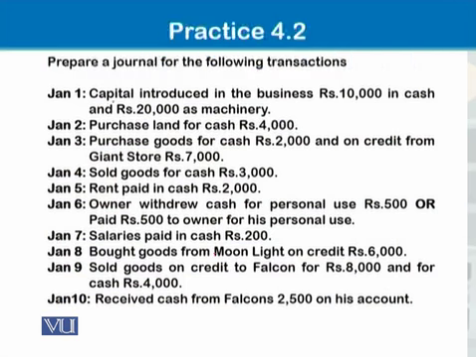Well, come on. Capital introduced in the business. Amount is 10,000 in cash and 20,000 as machinery. Yes, it is a compound entry that we will be recording with this transaction. Why? What do we see?